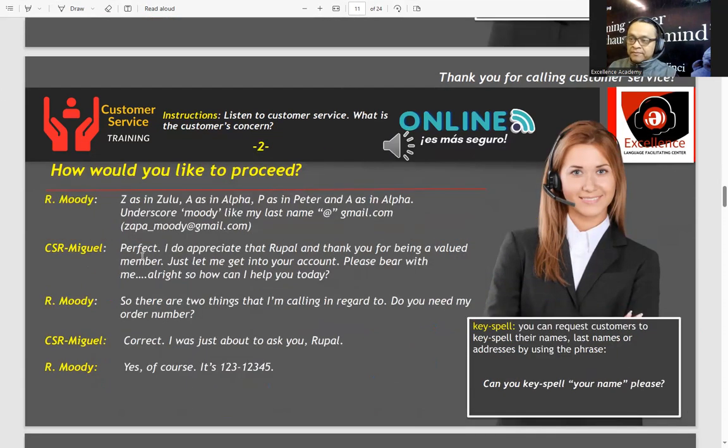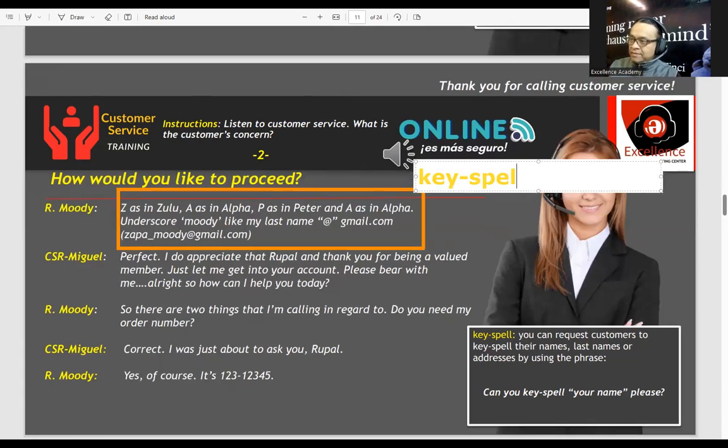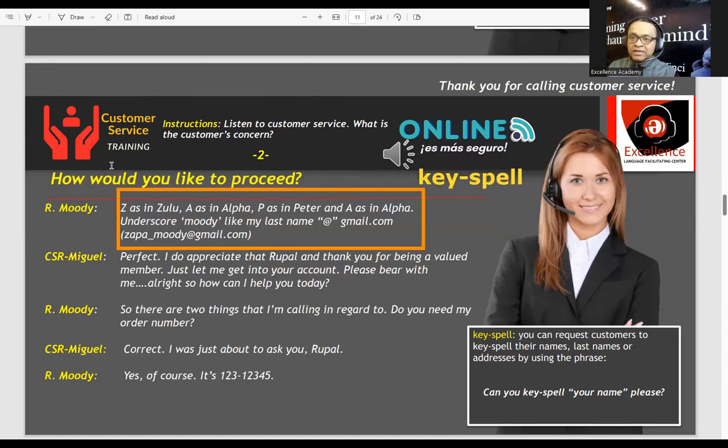In the next screen, the customer continues to verify her account. She proceeds to key spell her email address. To key spell means to spell something, providing the letter and a word that represents that letter.